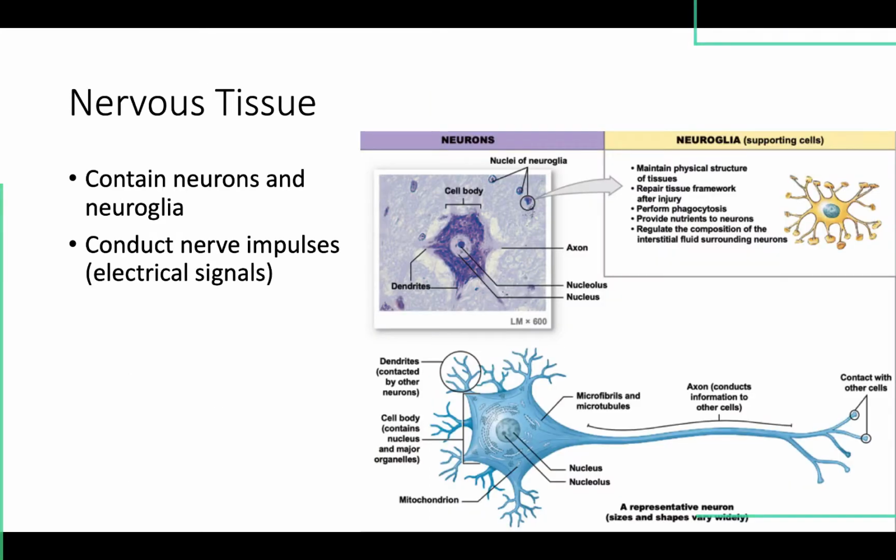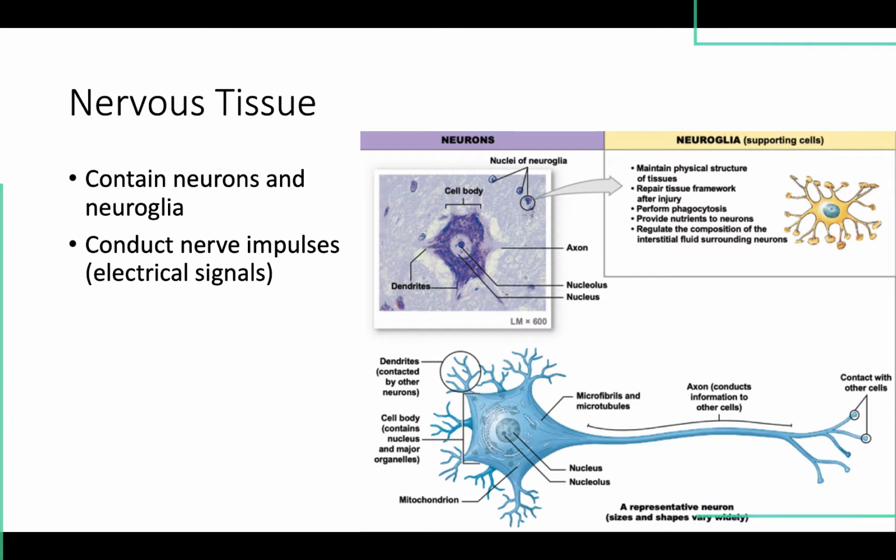Okay, nervous tissue. Nervous tissue, this is how you send messages quickly through places in your body. So you can send a message very quickly through this nerve, this cell here, which is called a neuron. This is one of the special cells in nervous tissue. Nervous tissue is found in the brain, in the spinal cord, and in your nerves, right?